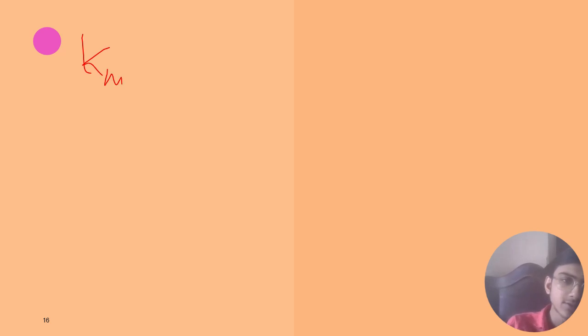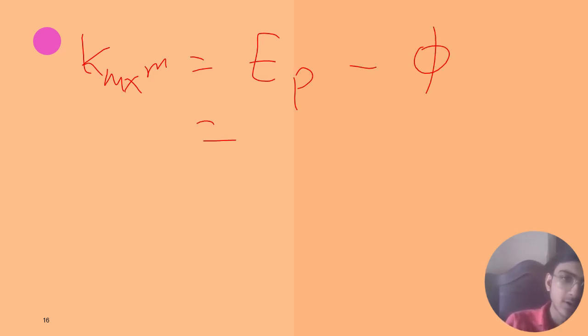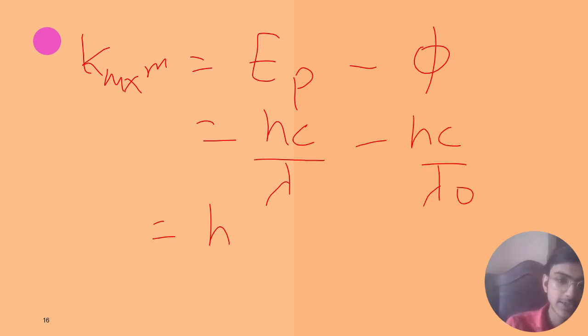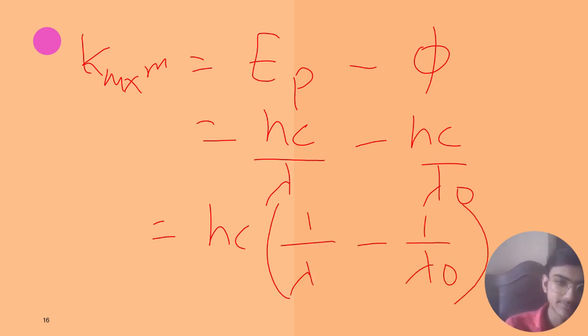So K max is equal to E_p minus phi, or you can write it as hc by lambda minus hc by lambda naught. Now just take hc as common: 1 by lambda minus 1 by lambda naught.